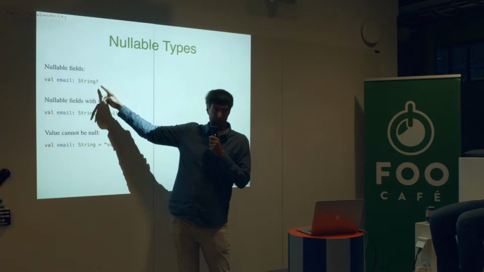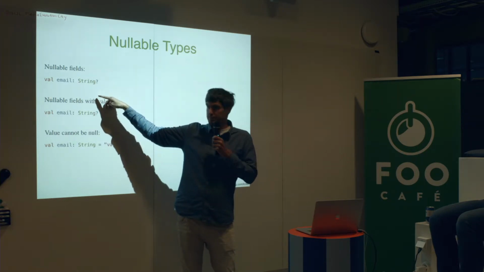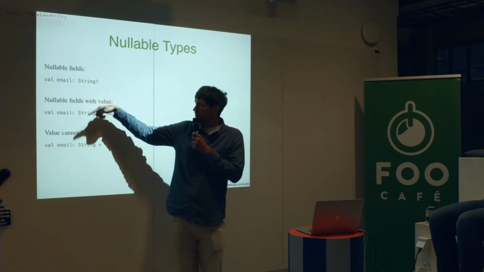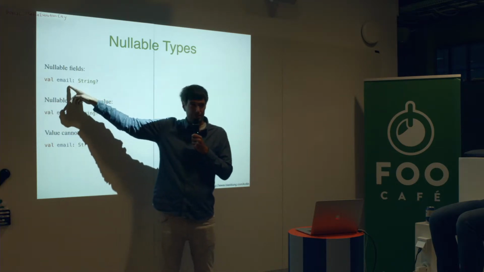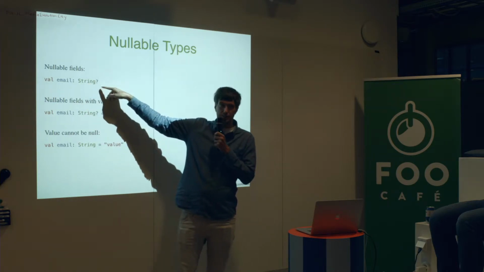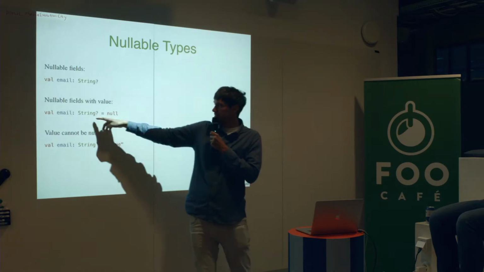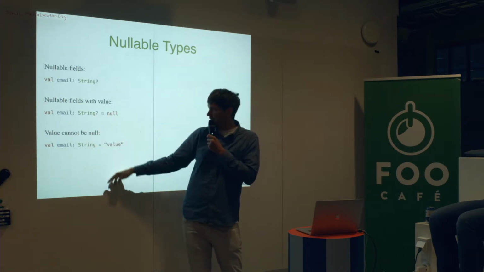But for all types, you can specify this question mark at the end, which means that it becomes a nullable type. So here we have an immutable reference email that is a String, and this String is now nullable. So there you can see that you can assign it to null if you like.